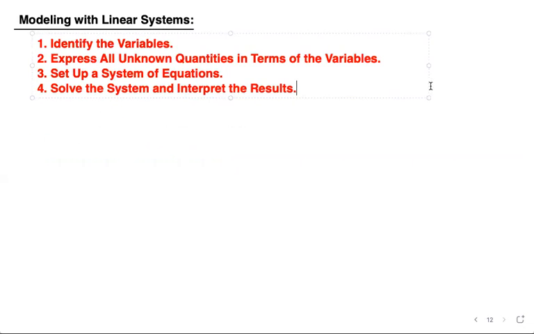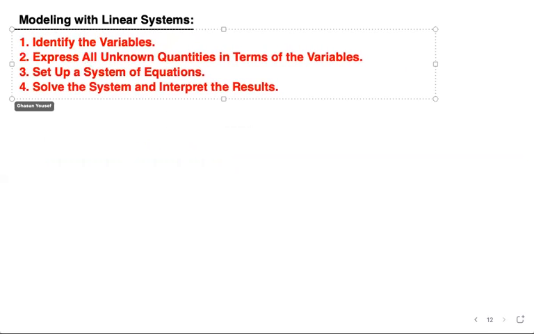First step, I have to identify the variables, express all unknown quantities in terms of the variables, and set up a system of equations. After I set up the system of equations, I have to solve the system using the substitution method or the elimination method.